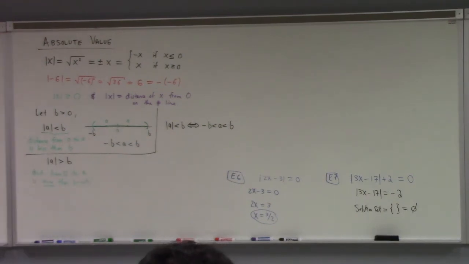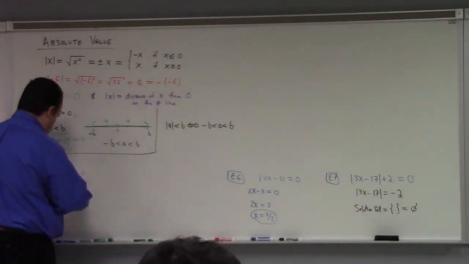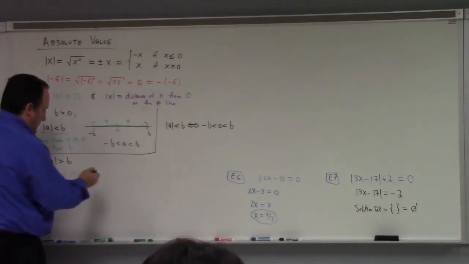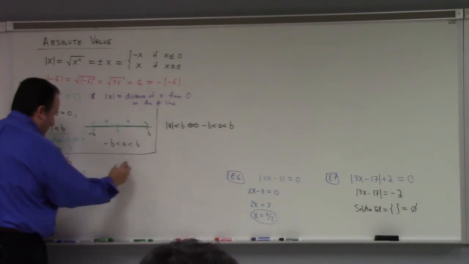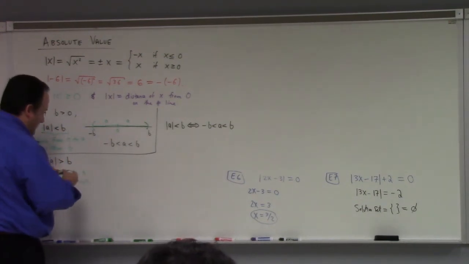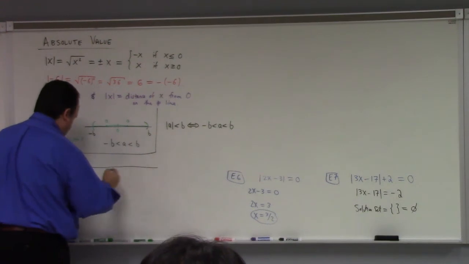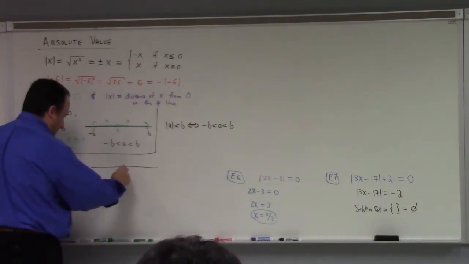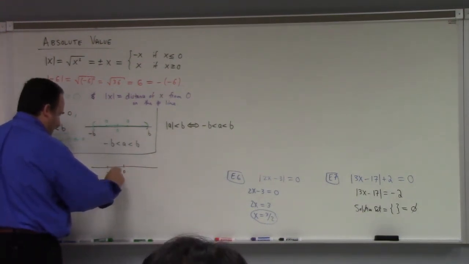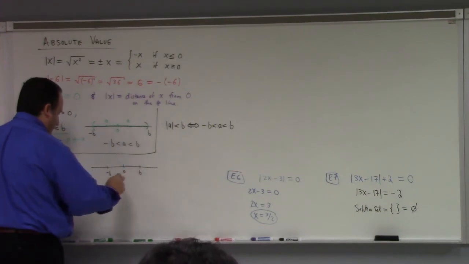What does that look like on the number line? Well, basically, here's 0 in the middle. Let's say this is minus B and this is B.